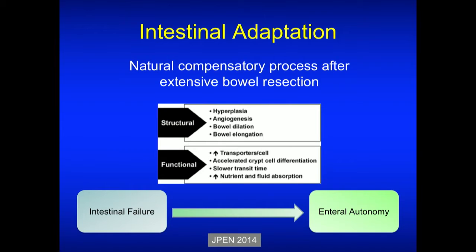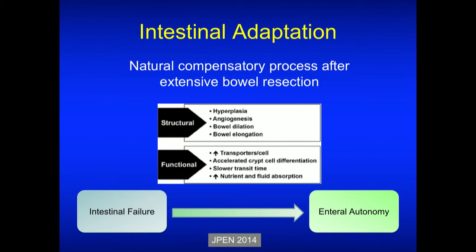Fortunately, the body has a natural compensatory response to extensive surgical bowel resection. And we call that response intestinal adaptation. And that is the journey from intestinal failure to achieving enteroautonomy. And this interesting process of intestinal adaptation actually involves structural and functional changes in the intestine itself. So the intestine is able to dilate.